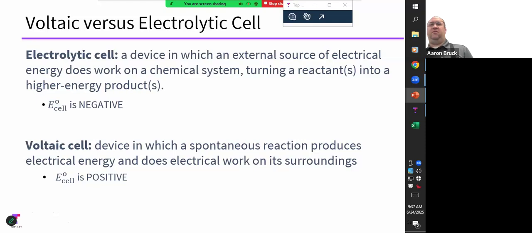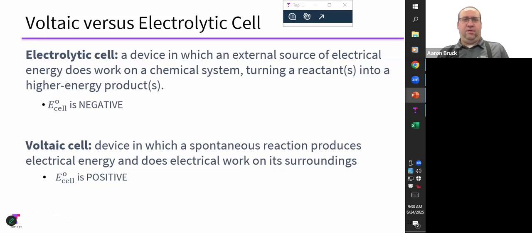In electrolytic cells, we have to force the electrical system to do the reaction that we want it to do. So an external source of energy is required in an electrolytic cell. The reactants get turned into higher energy products.